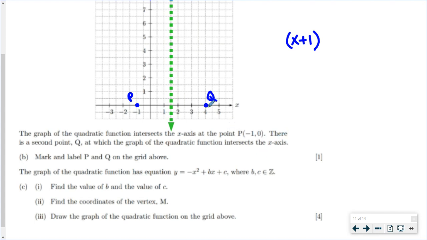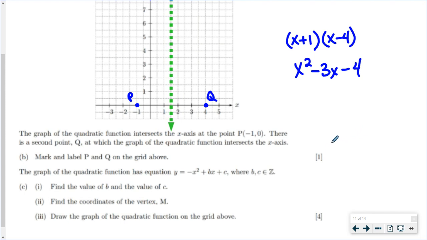If +4 is a 0, what has to be a factor? X minus 4. I'm just going to go ahead and multiply these out. Just distribute them. So I'll get x squared minus 4x plus 1x is minus 3x, and then minus 4.